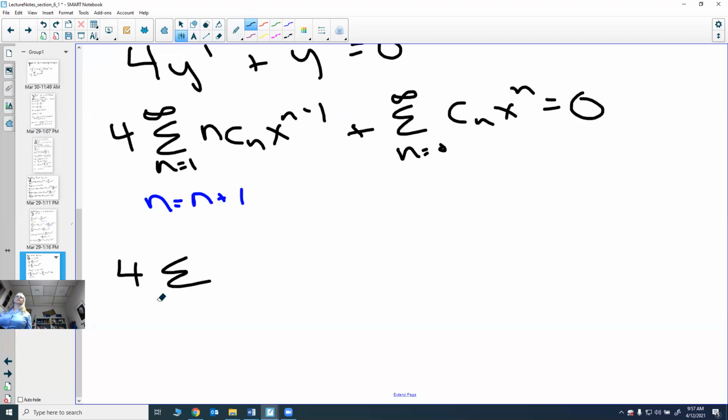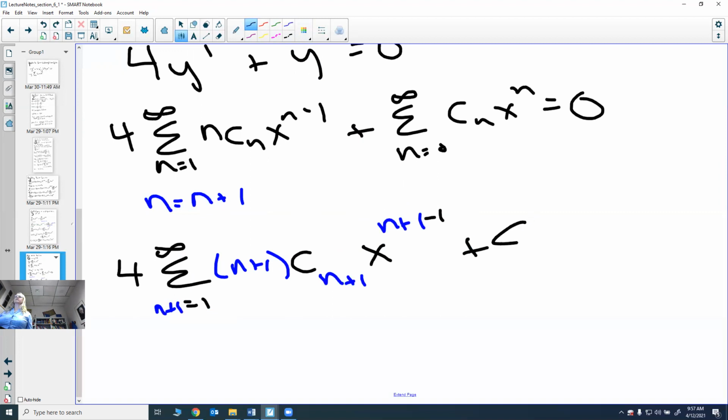So we have 4 times the summation, n plus 1 equals 1 to infinity, of n plus 1 times c sub n plus 1, x to the n plus 1 minus 1, plus the summation n equals 0 to infinity of c sub n x to the n equals 0.